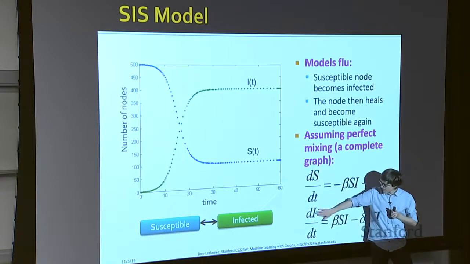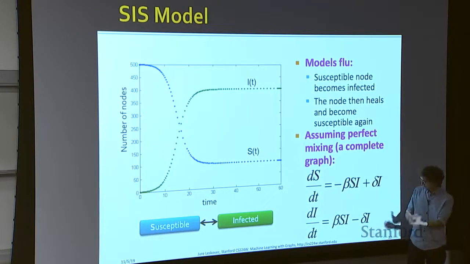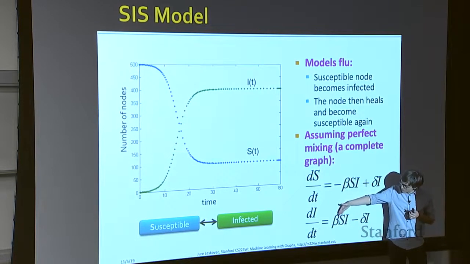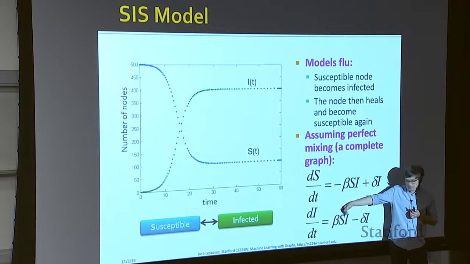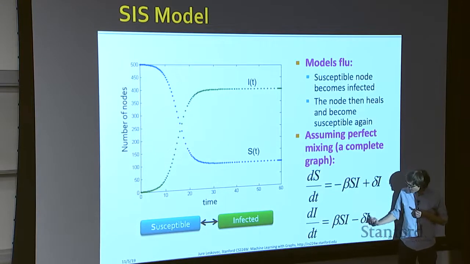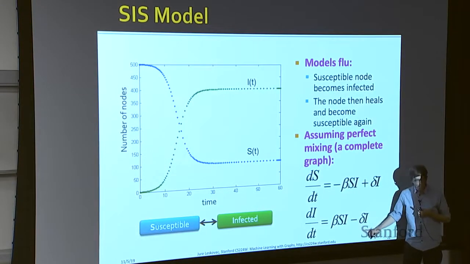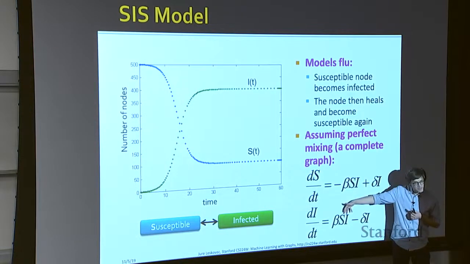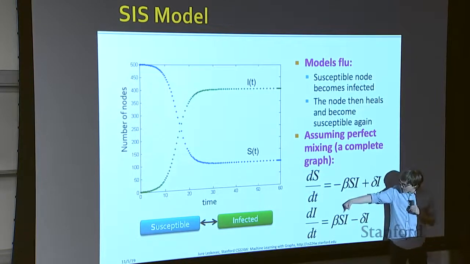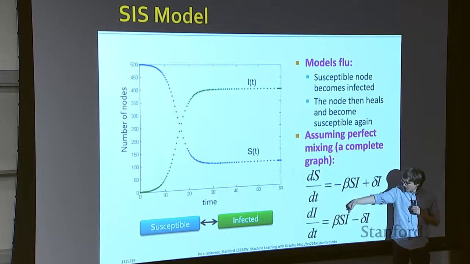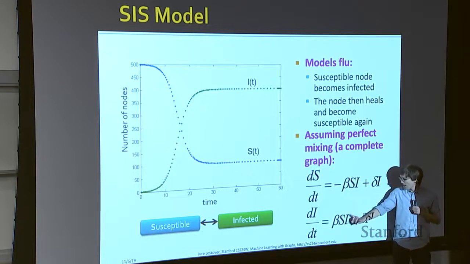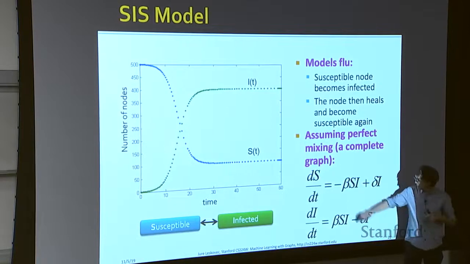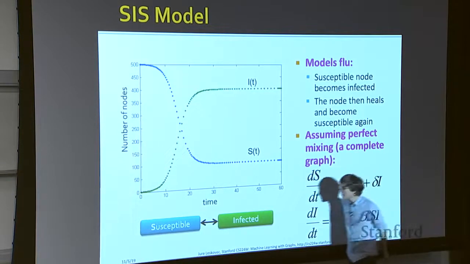The number of infected people is kind of the opposite. It grows with beta S, where S is susceptible, minus the infected people who get cured at rate delta. Here I'm multiplying because I'm assuming that any susceptible is linked to any infected, so it is almost like a complete bipartite graph. Anyone can infect anyone. That's why I'm multiplying these two numbers here.